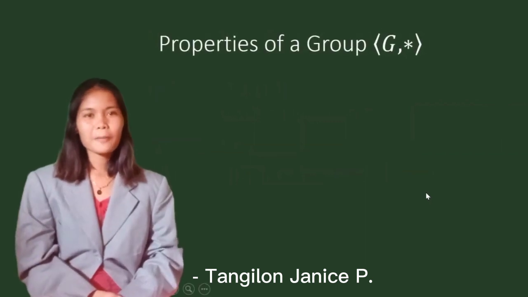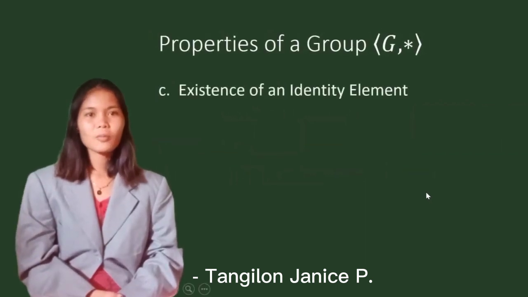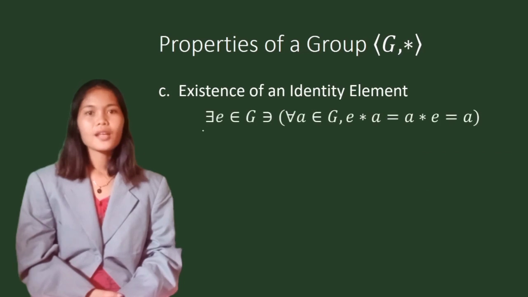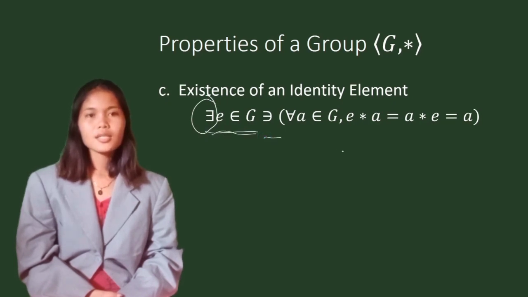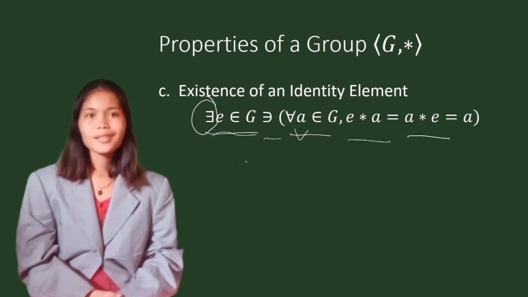And the other two properties. Existence of an identity element: there is an element E in G. That is our symbol for there is or there exists. So, there is an identity element in G, such that for any element A in G, E star A is equal to A star E, and that is equal to A. Take the set of real numbers when we are working with addition.